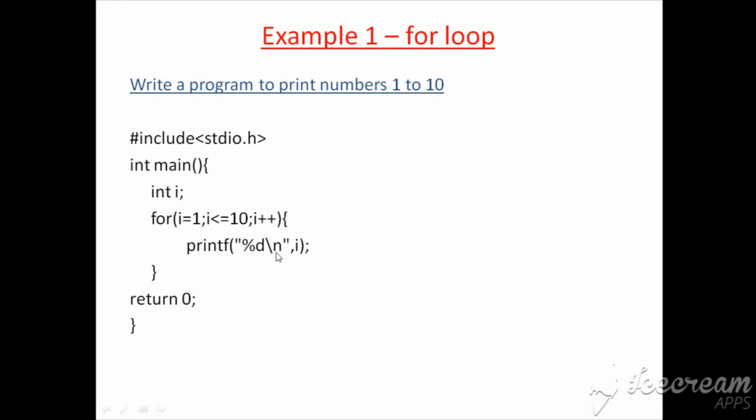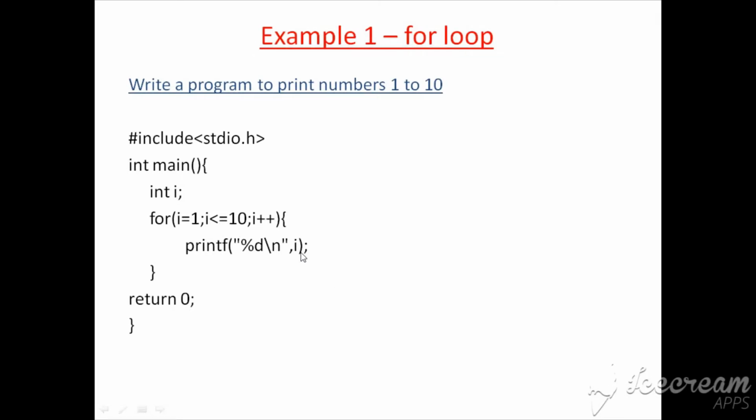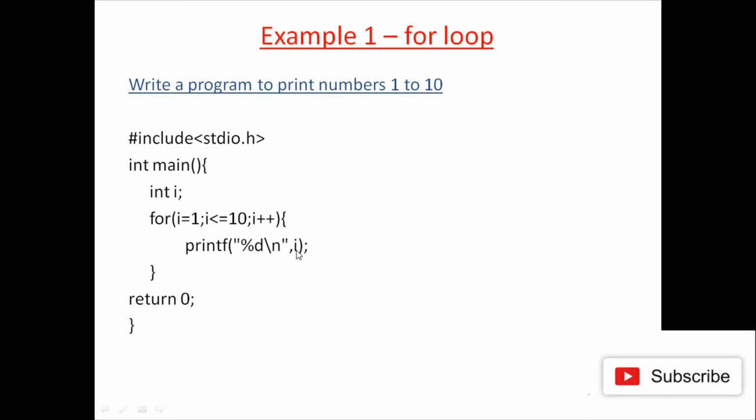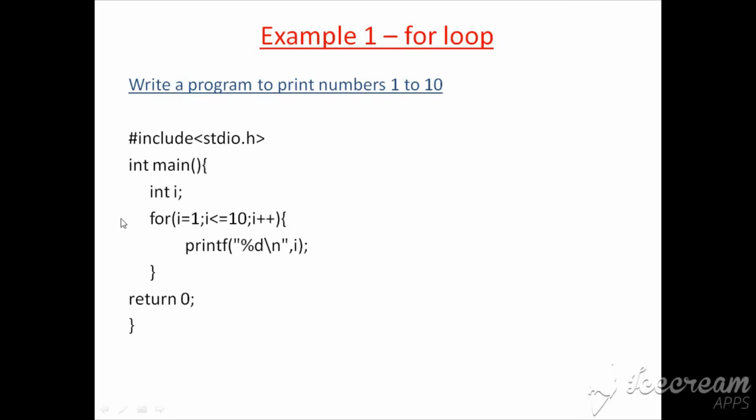So now the value of i equals 2, and it also satisfies this condition, and the next time it writes the value of i. Now the value of i equals 2, so it prints 2. In the next line, because we use the slash n, after 1 it prints 2, and it runs this code another time.